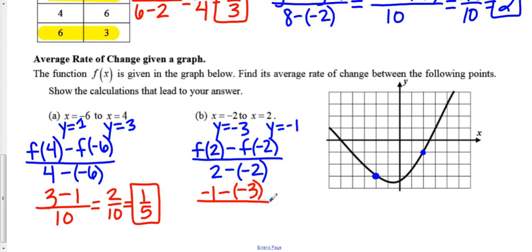You can always think of it as y2 minus y1 over x2 minus x1. The denominator simplifies to 4, and negative 1 plus 3 is 2. 2 over 4 simplifies to 1/2.